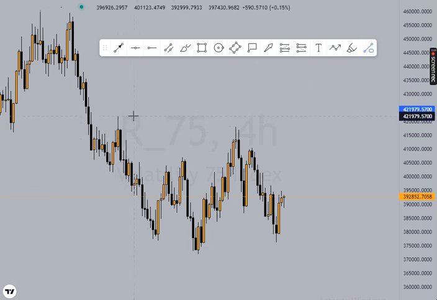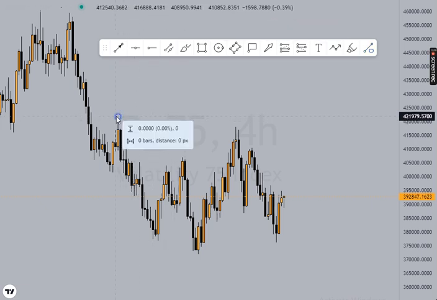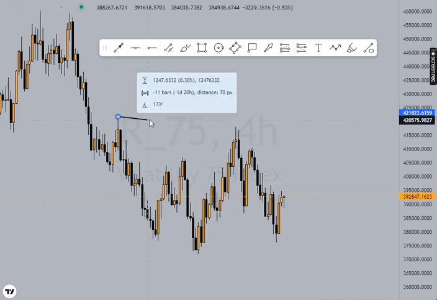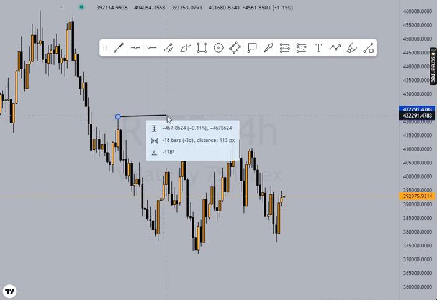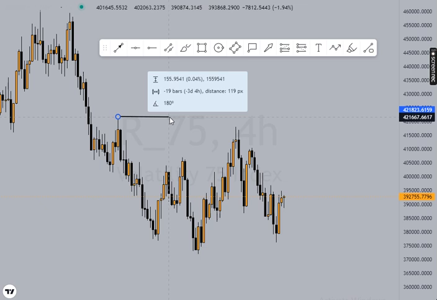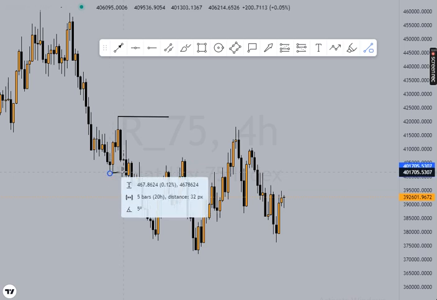Okay, so we're gonna look at it from these levels that the market created. So we have a higher level here. Then we have a level below there.